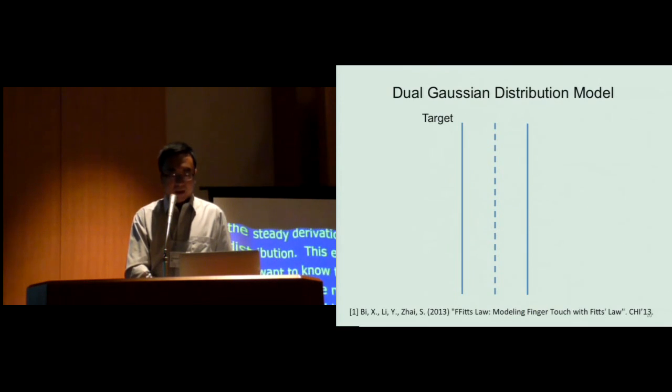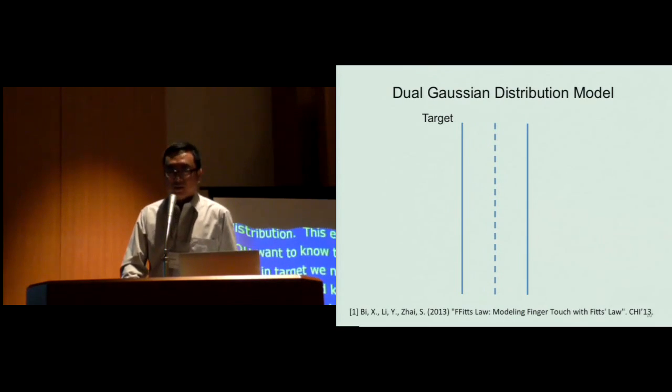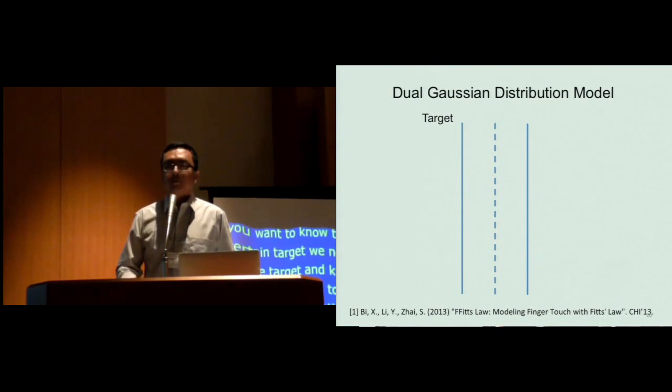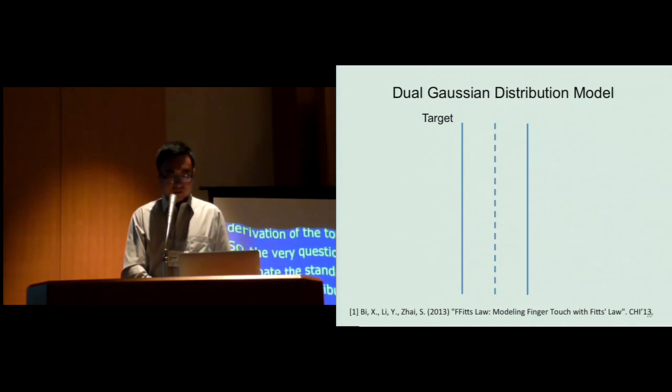We did it by using a hypothesis which we call the Dual Gaussian Distribution Model. Basically, it provides a view to describe how the distribution of touch points is formed. It decomposes the procedure of selecting a target into two steps.